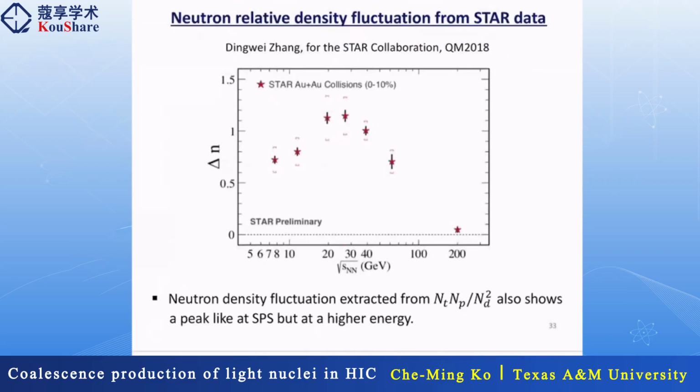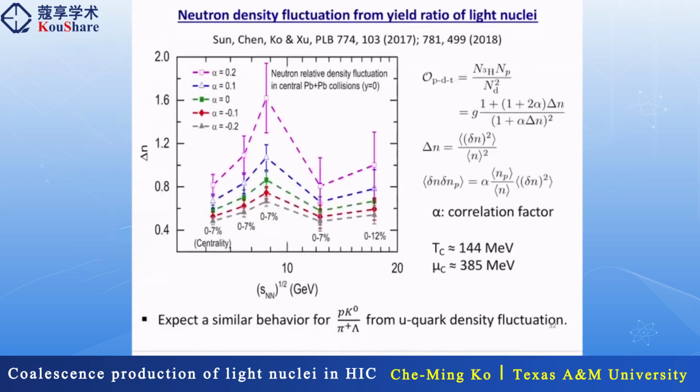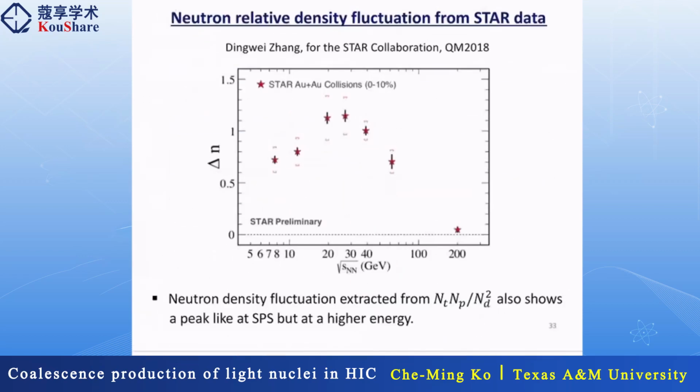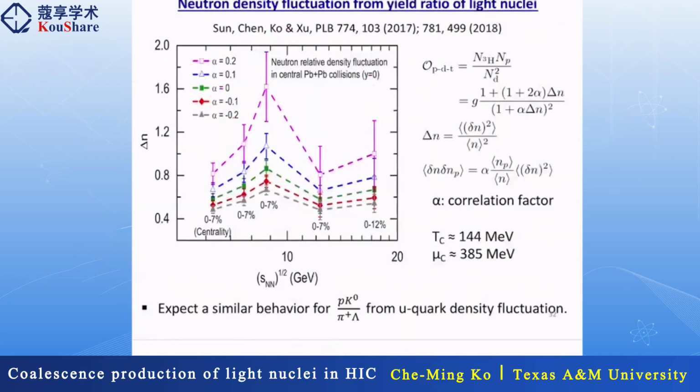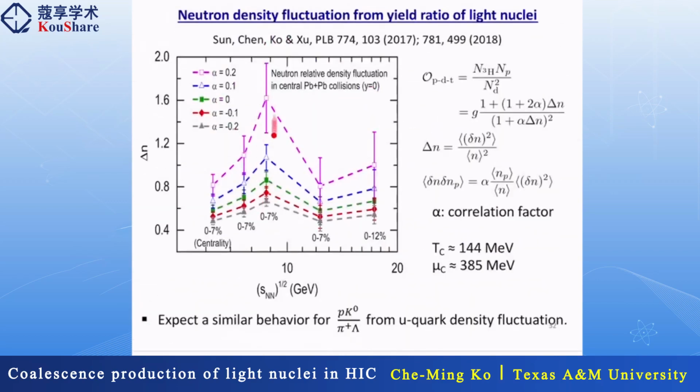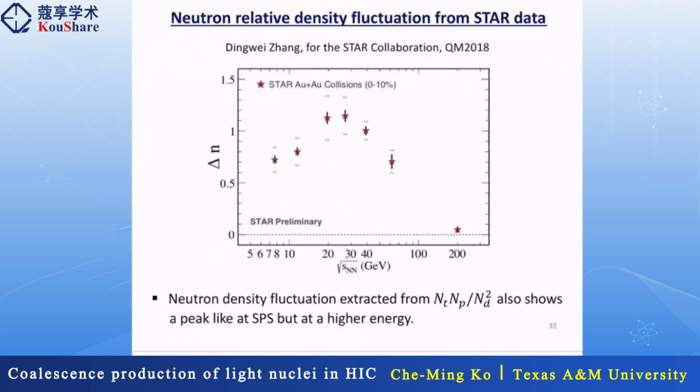RHIC, unfortunately, said that if you use this formula to fit the STAR data, the extracted neutron density fluctuation peaks at 20 GeV, and the SPS is a peak at about 7 or 8. So there are 2 peaks. So we have to see eventually how the 2 experimental data sets reconcile with each other. Maybe there indeed are 2 peaks, maybe it's only a broad peak.